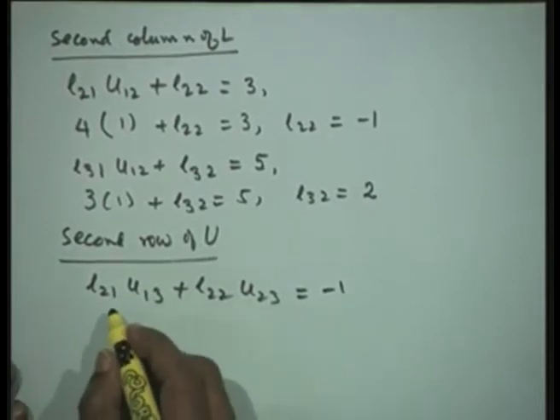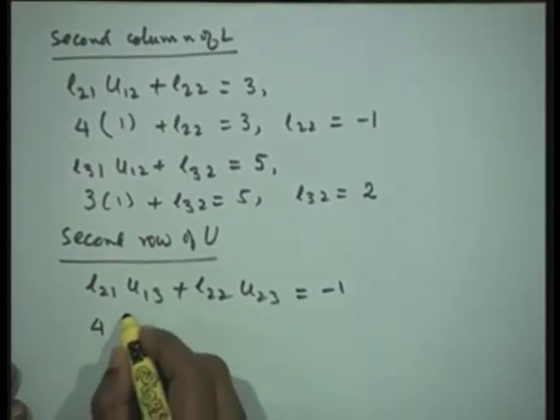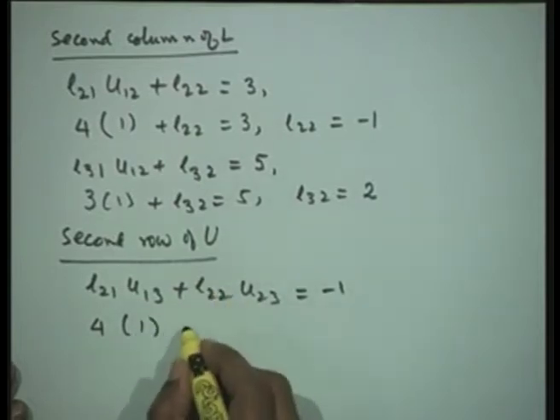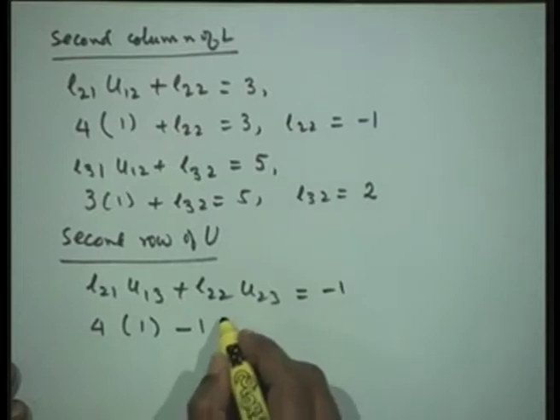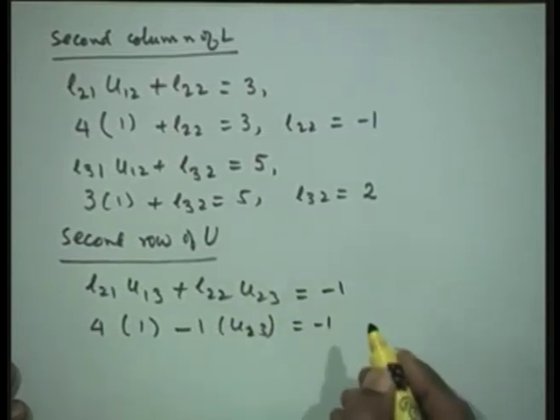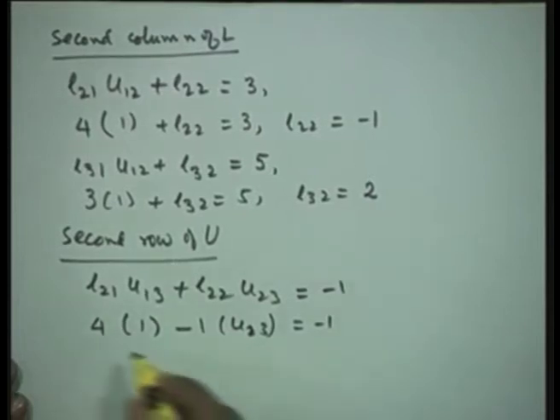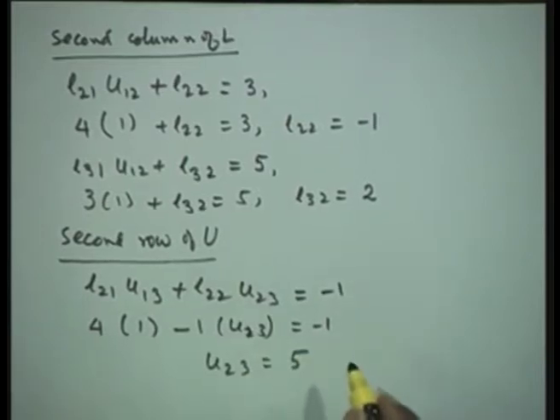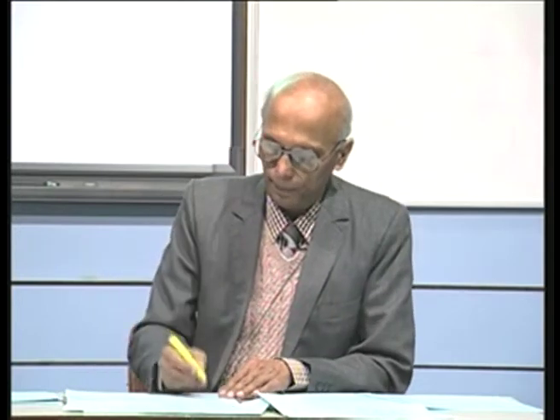Now, let us substitute the values. L21 is 4, U13 is equal to 1, L22 is minus 1, U23 the element to be determined. Therefore, 4 goes to this side, I will have U23 is equal to 5. Now, the second row is complete. Now, we go to the third column of L.